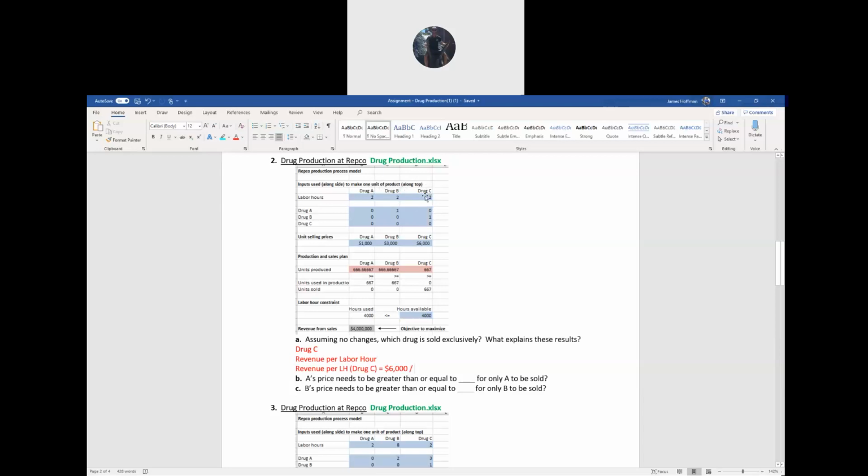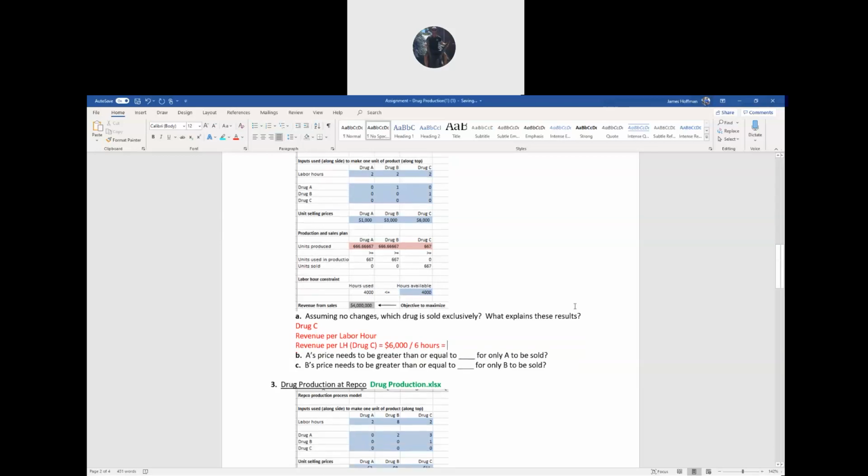4 plus 2. And so remember, always get the labor hours for the input, and then add the additional hours to make it into that drug. So 6 hours here. And so you can see that works out nicely to give us the same $1,000 per labor hour.